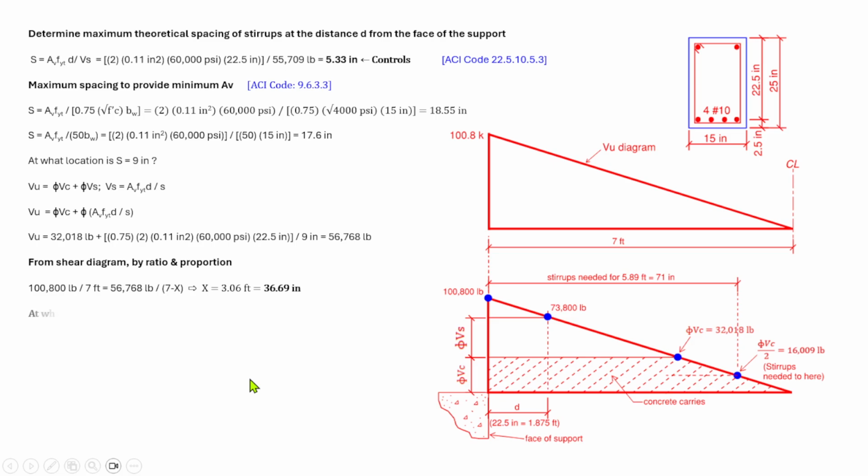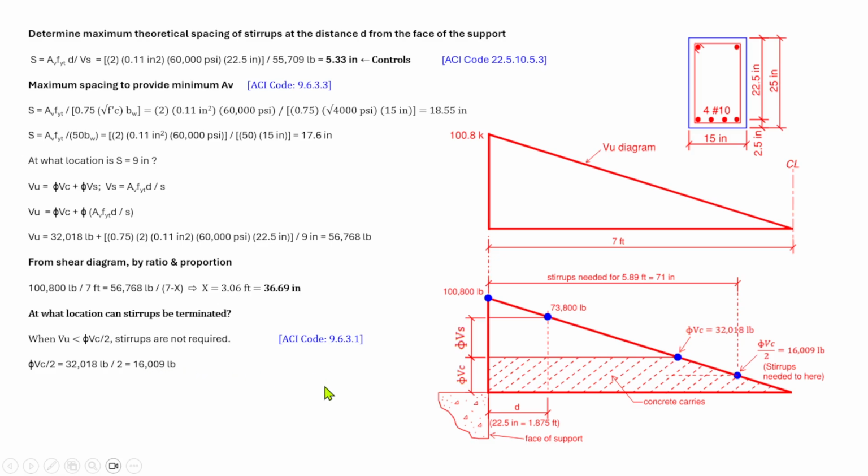So the next one is to determine at what location the stirrups can be terminated. When the VU is less than phi VC over 2, stirrups are not required. That is according to ACI Code 9.6.3.1. So phi VC over 2 is 32,018 pounds divided by 2, that is equal to 16,009.